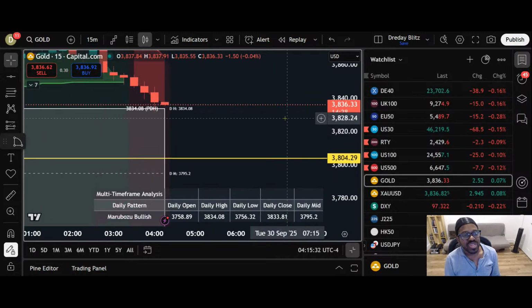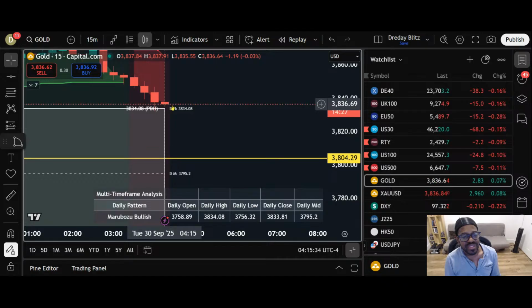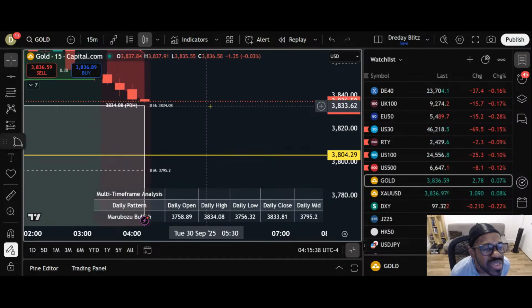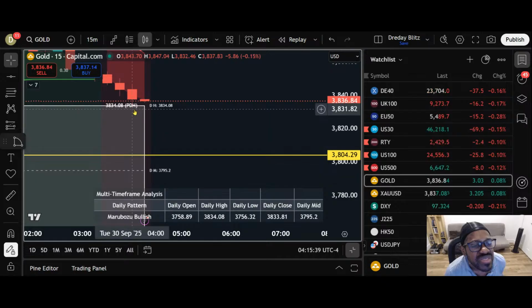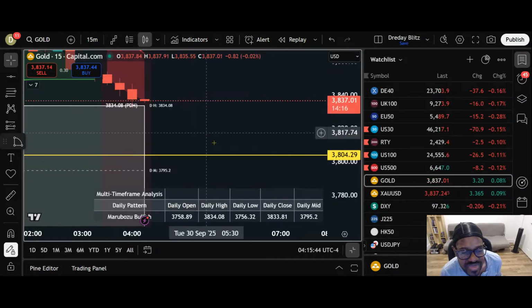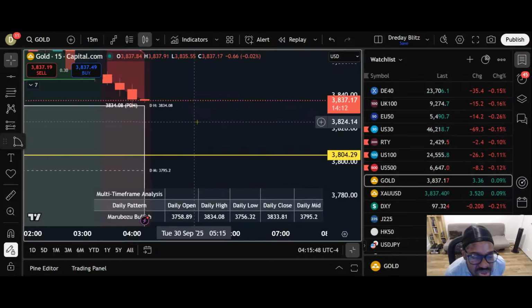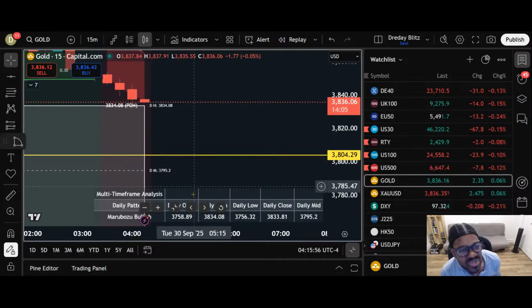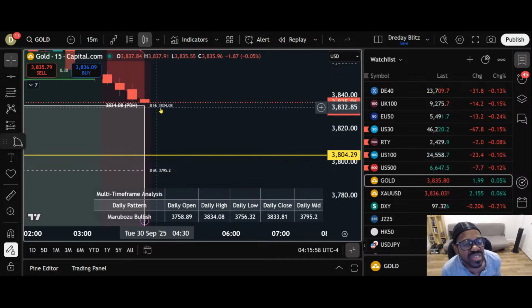So make sure to look at the previous day high. This is the market open. This is previous day high, okay? The previous day high was, if you look at my dashboard at the bottom here, 33,800. All right, so right here, that price.